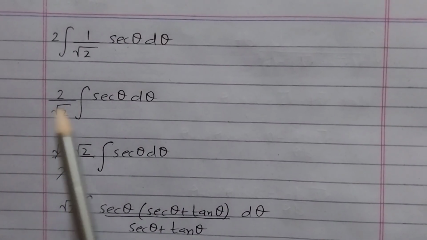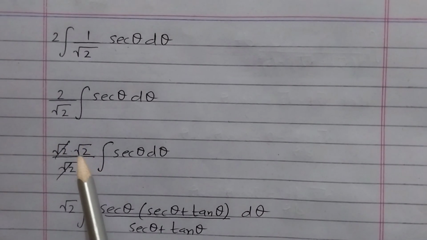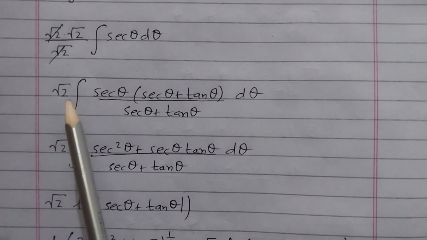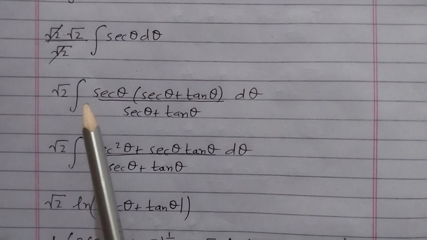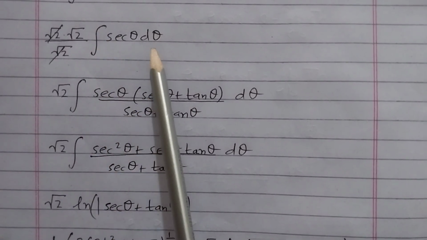Square root 2 can be written as square root 2 times square root 2, and these two square root 2's cancel out, and we are left with a single square root 2, and this is written here outside, and we need to now integrate secant theta with respect to theta.